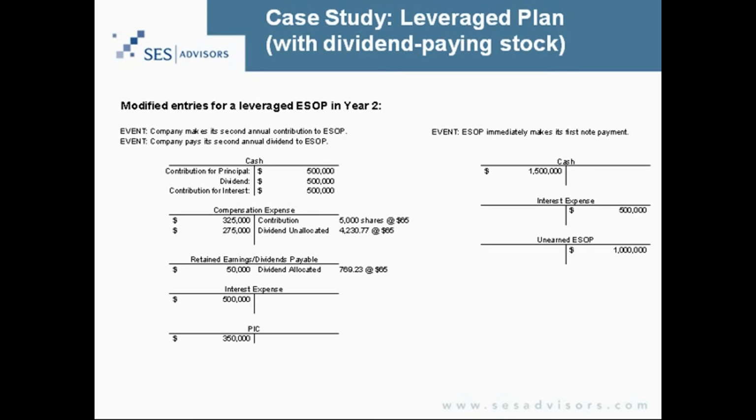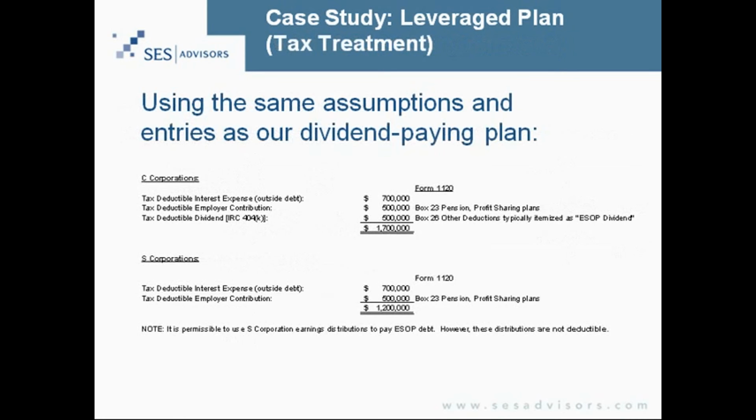So our other entries are essentially the same. So we've made our entries. In this case, the tax implications of those entries are, just as I said, $1.7 million deductible in this case. For an S corporation, it would be much the same, except remember that a dividend for an S corporation, while it may be used to pay debt, is not tax deductible.